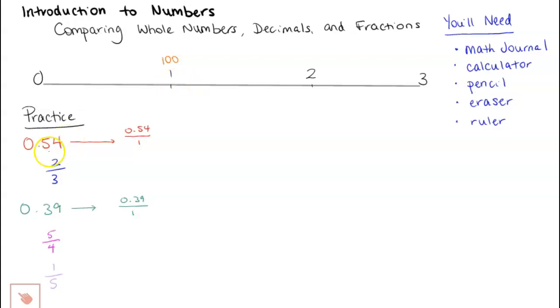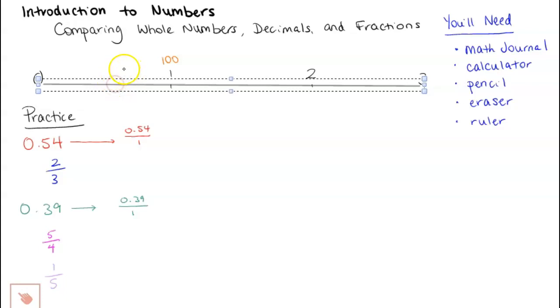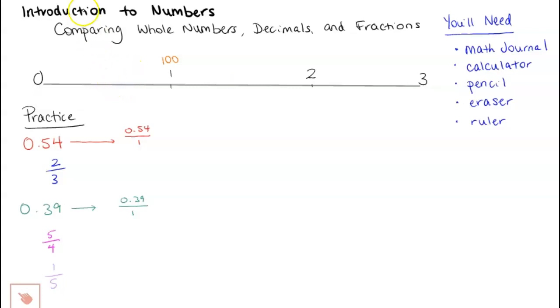So if I'm looking at a 54 out of 100, 54%, I know that's about half and then a little bit more. So I would put 0.54 right about here on my number line, just beyond the half mark.